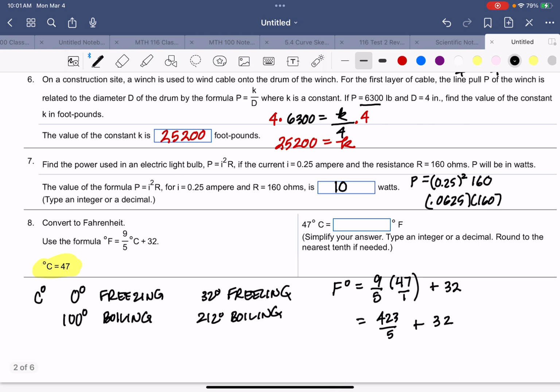And I'll go ahead and do division next. 423 divided by 5 is 84.6. 84.6 plus 32 is going to be pretty warm. That's 116.6 degrees Fahrenheit. That would be pretty doggone hot.